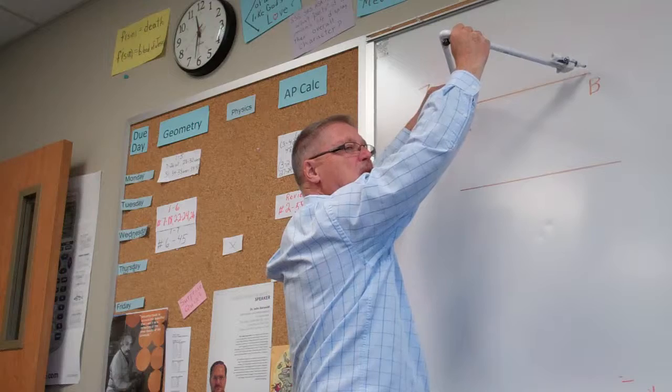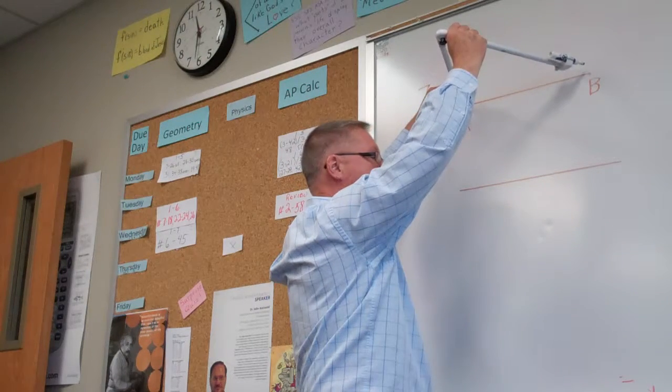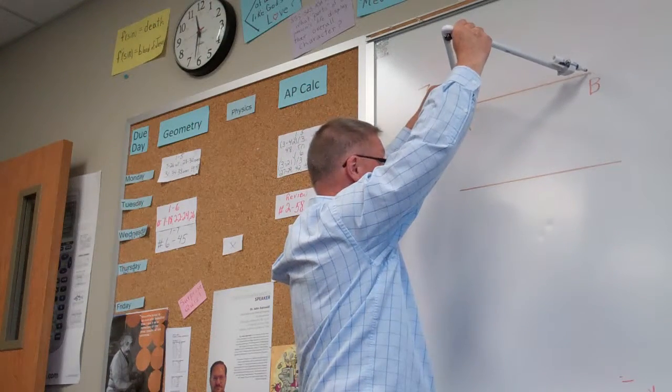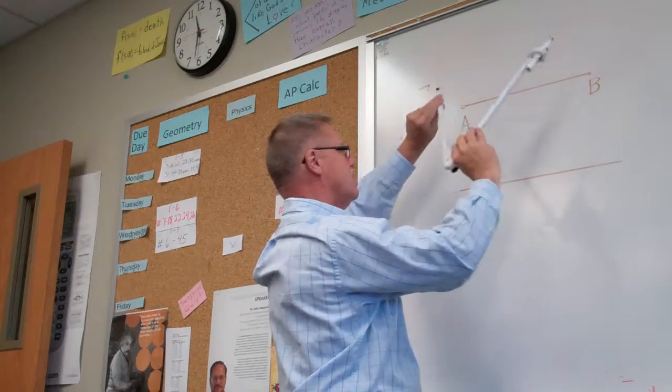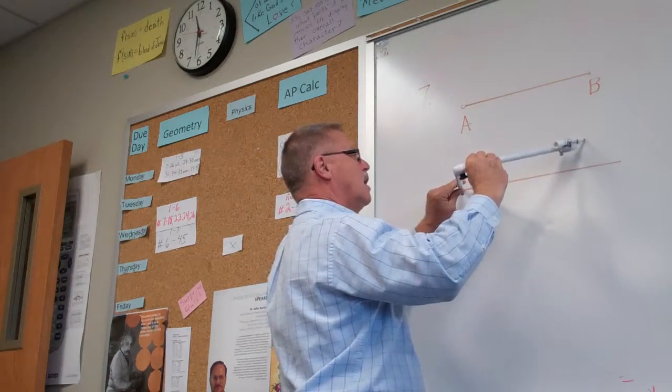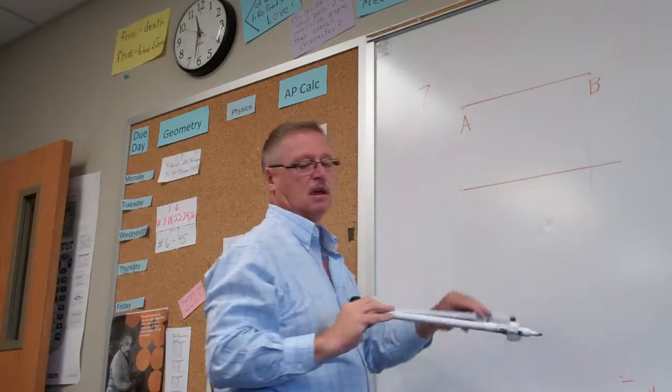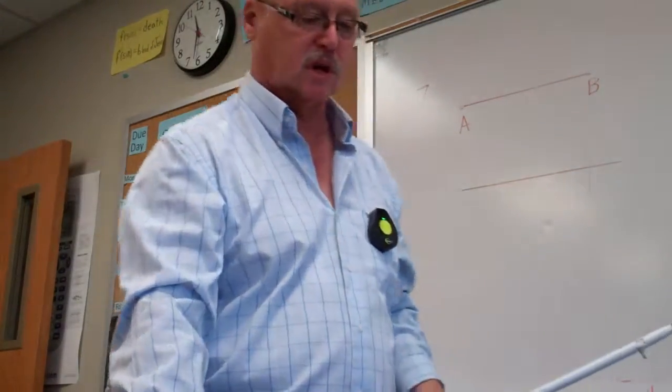Hopefully you have your compass set just right so it doesn't flop and change, so that you can take that setting, bring it down, and mark an arc showing just how long we want.